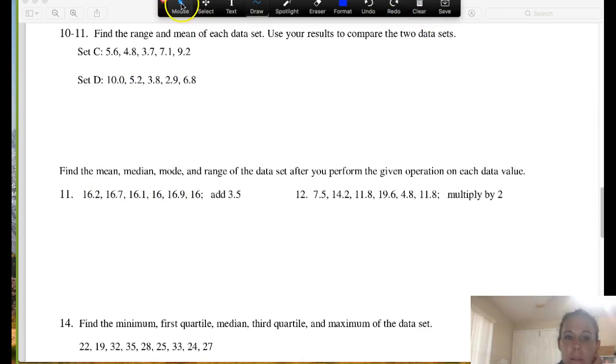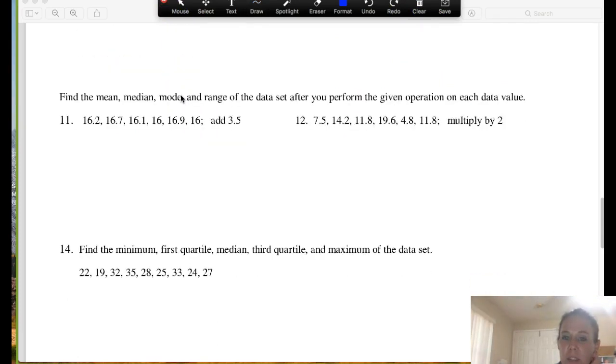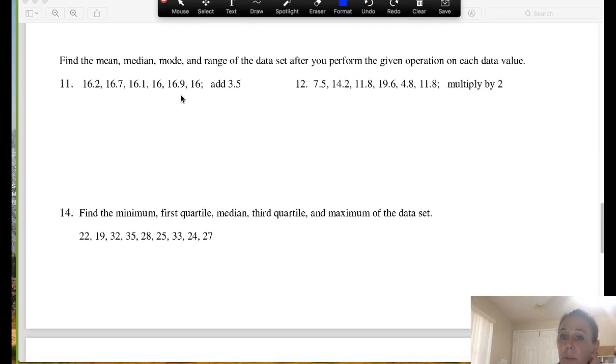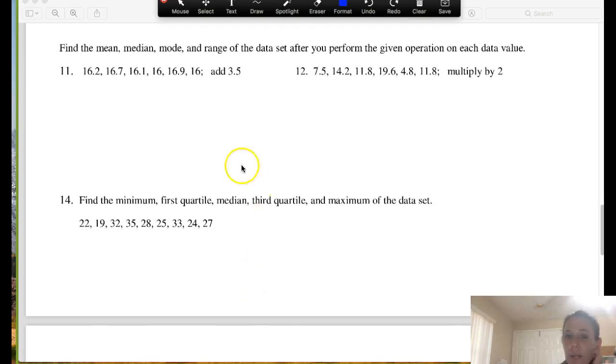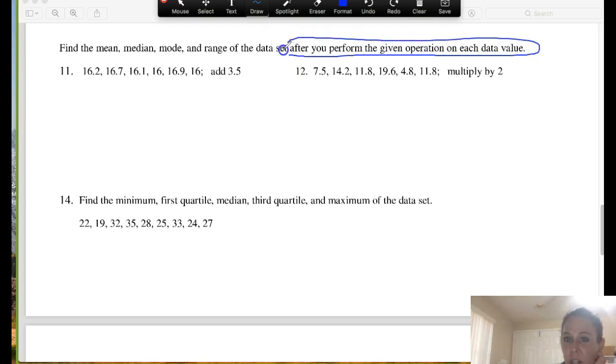We're going to find the mean, median, mode, and range of each set of data after we perform the given operation to each data value. Careful. A lot of students miss this because they don't do the after you perform the given operation. So first I have to add 3.5 to each data point. Doing that, this becomes 19.7.